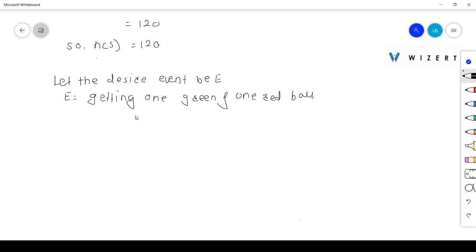Okay. So 1 green means out of 7 green balls we need to choose 1, means it can be taken as 7C1, and means multiplication. 1 red ball means out of 5 red balls we have to choose 1, means 5C1. So it is 7 into 5 means 35.